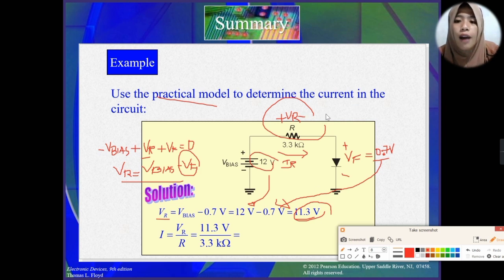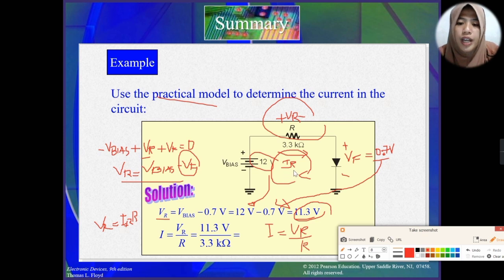Now, we can calculate the current in the resistor, or the current that flows through the circuit, using this formula. We have I is equals to V sub R over R. Kasi, V sub R is equals to IR times R, wherein our IR is equal yan sa I, yung nagpo-flow dito na current.